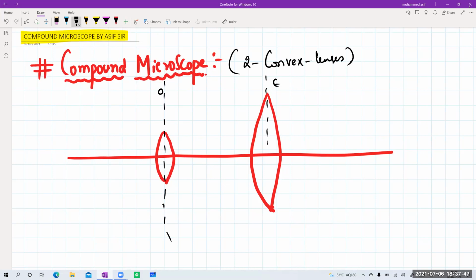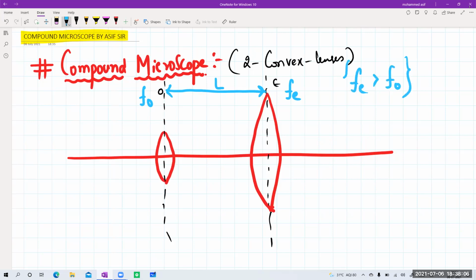The distance between these two, from here to here, is equal to the length L. Focal length of the objective is f0, focal length of the eyepiece is fe. Make sure that the focal length of the eyepiece is greater than the focal length of the objective.